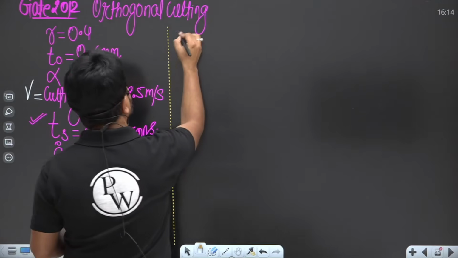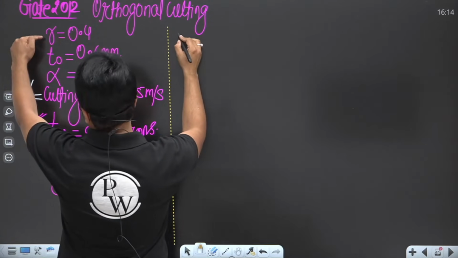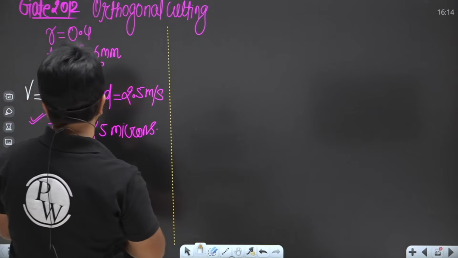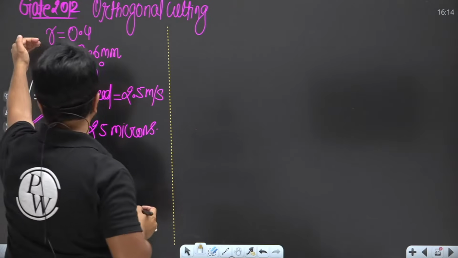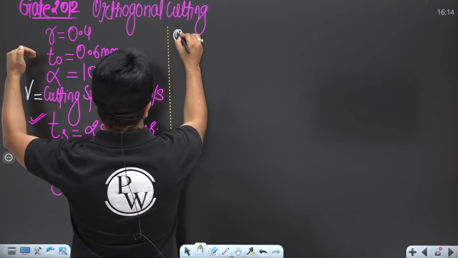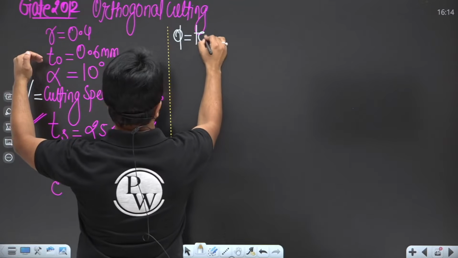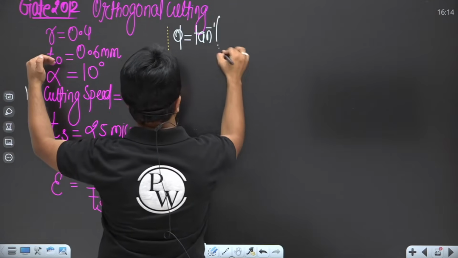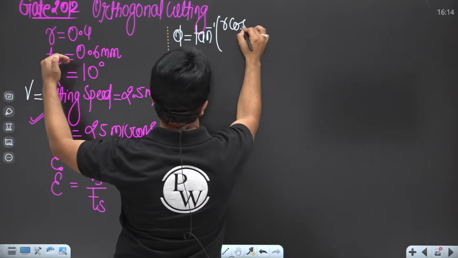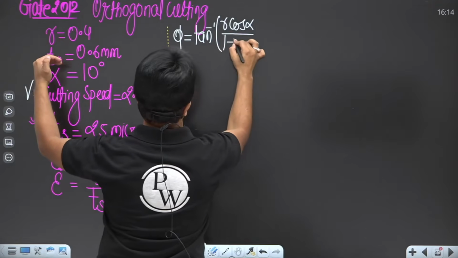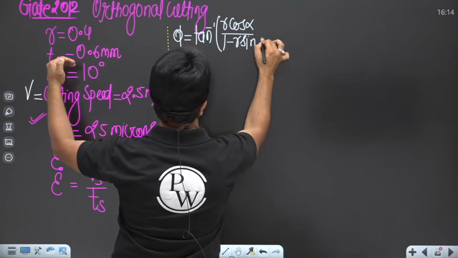But for that we need the value of the shear angle phi. Phi equals tan inverse of R cos alpha divided by 1 minus R sin alpha.